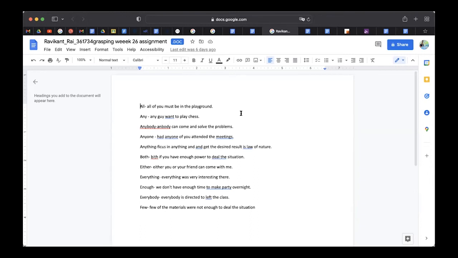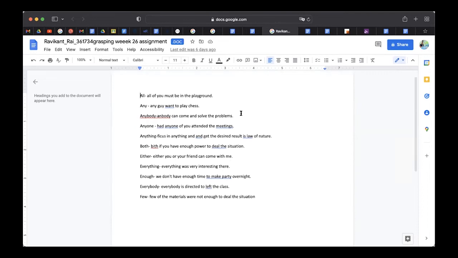And when I'm saying all of you, and if I can directly see you, then I cannot say that it is my assumption that you all are in the playground. If it is on the phone and I can't see, only then it is true. That, oh, all of you must be in the playground. If it is face to face, it's incorrect, because if I'm seeing you, then I can't say must there. Okay, okay. Yes, got it, ma'am. Thank you.